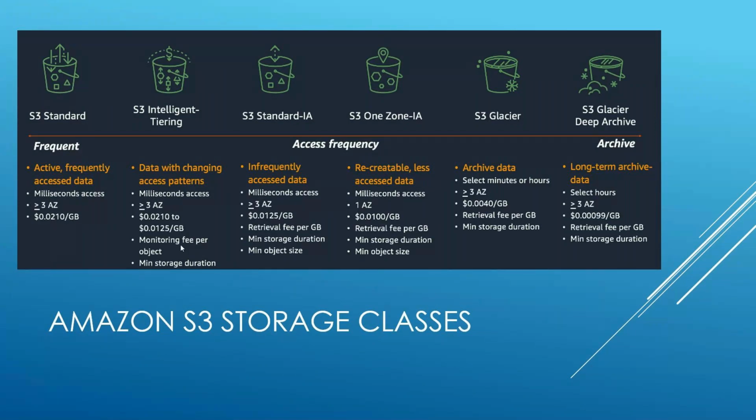The other storage classes in S3 are Intelligent-Tiering, infrequent access that is IA, the Standard IA, and One Zone IA. Basically, there are six types of object storage classes in total.